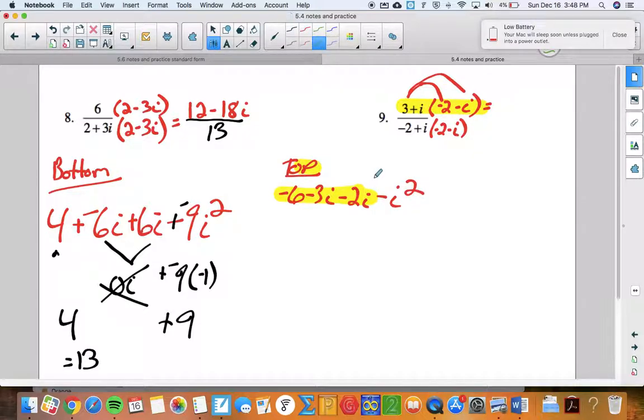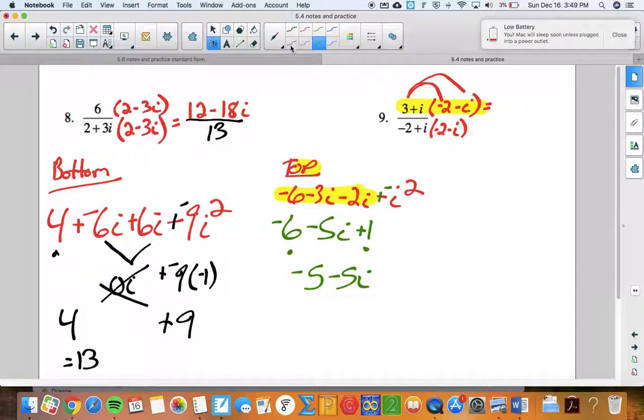I'm going to work through that one right now. So we get negative 6 minus 5i, and then a negative. Remember, i squared is negative 1, so we really have a negative negative 1, which is a positive 1. So when we combine negative 6 and positive 1, we get negative 5 minus 5i.